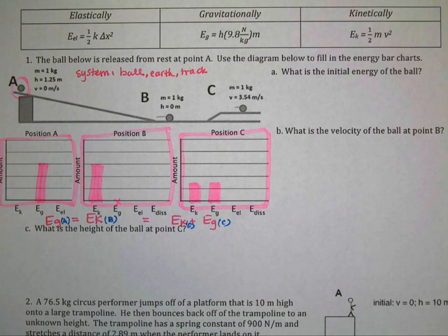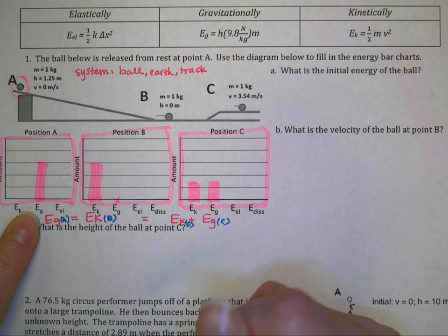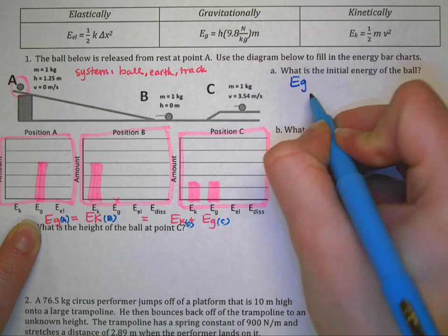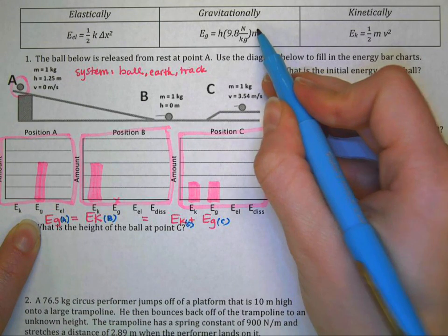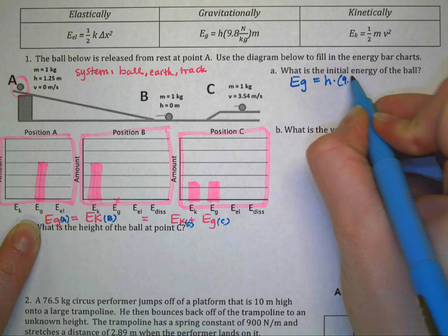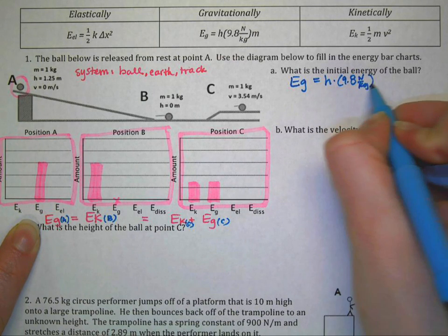All right, it's asking what is the initial energy of the ball? Initially at position A, all of our energy is stored gravitationally. So we'd want to use our gravitationally stored energy equation: height times 9.8 newtons per kilogram times mass.